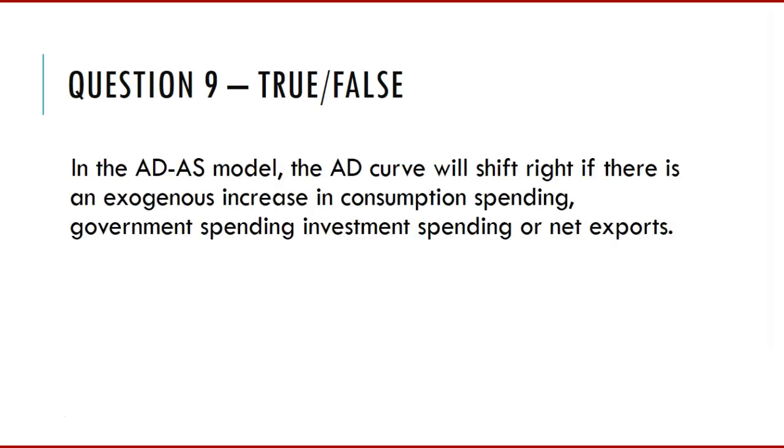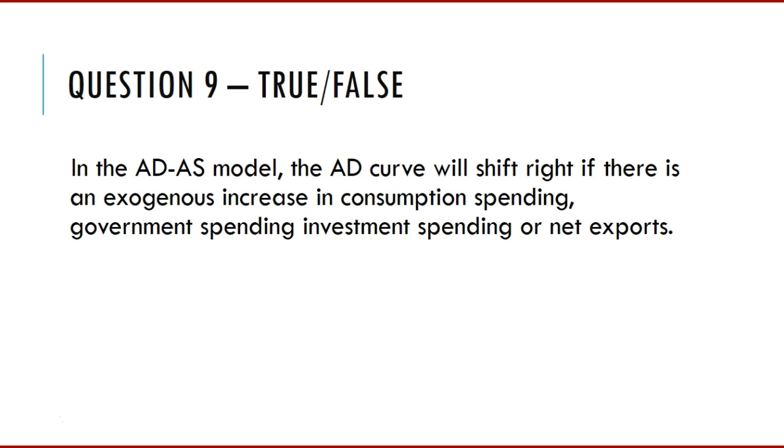Question 9. In the aggregate demand, aggregate supply model, the aggregate demand curve will shift right if there is an exogenous increase in consumption spending, government spending, investment spending, or net exports. This is true.